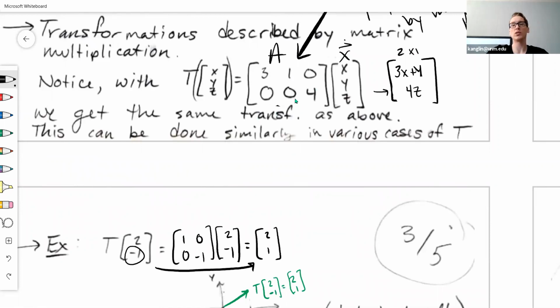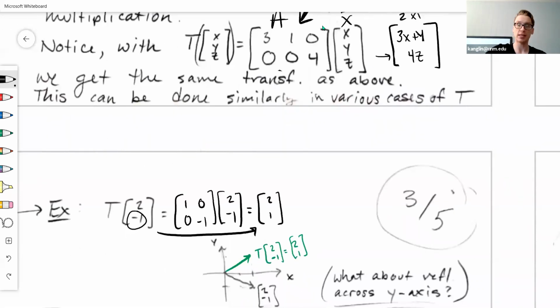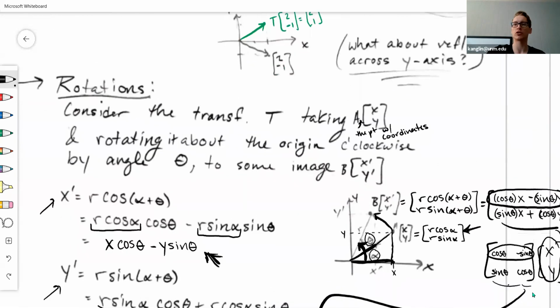How was that different than the ones we've seen since then? Well, all the other ones were taking elements of R2 back to R2. Notice this matrix not being square really meant that we took elements in R3 and returned them to elements in R2. So in this case, the domain and codomain have a different dimension. And that's what happens in general when you have a non-square matrix defining your transformation.